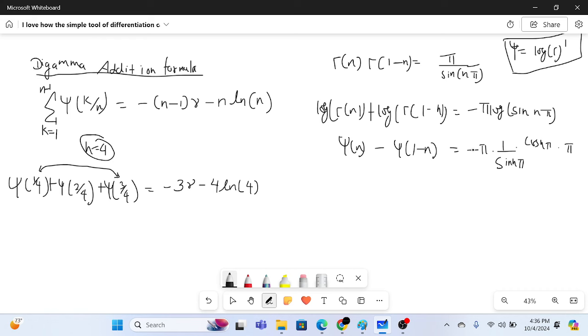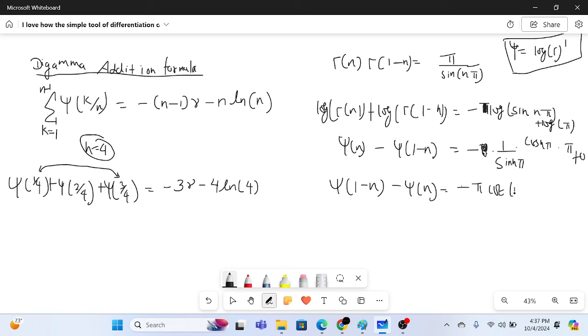So eventually the minus sign changes the order: digamma of 1 minus n minus digamma of n is equal to pi cot n pi.